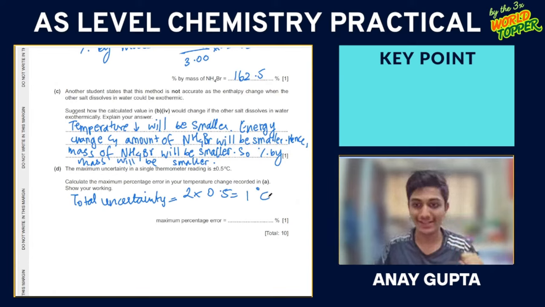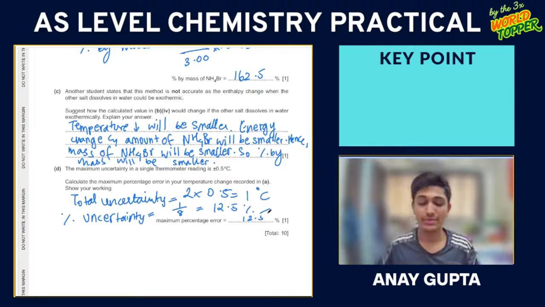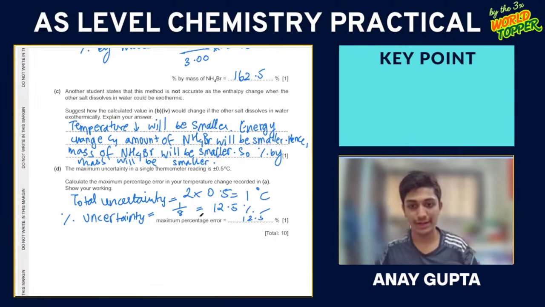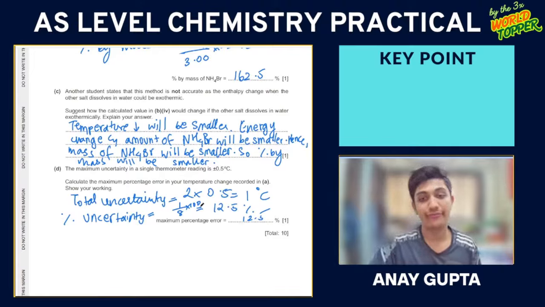So that gives us 1 degree Celsius. So your maximum percentage uncertainty is 1 over the temperature change. So your temperature change is 8. That gives you 12.5%. This is your answer. Okay, 1 over 8 into 100, obviously, sorry, which gives you 12.5%.